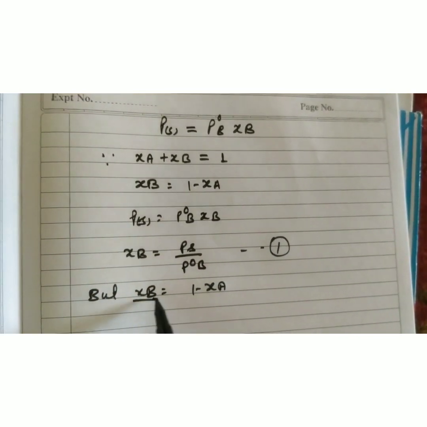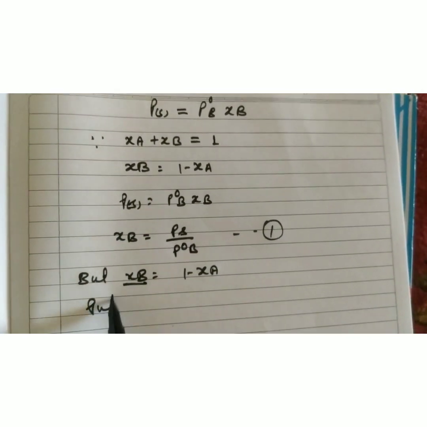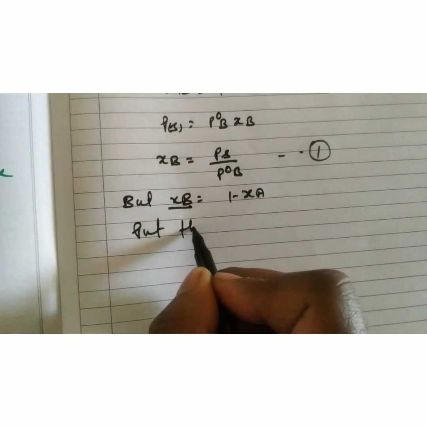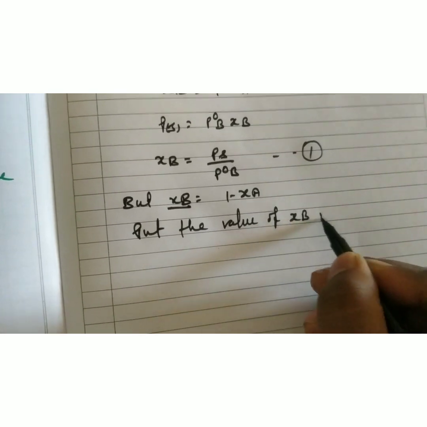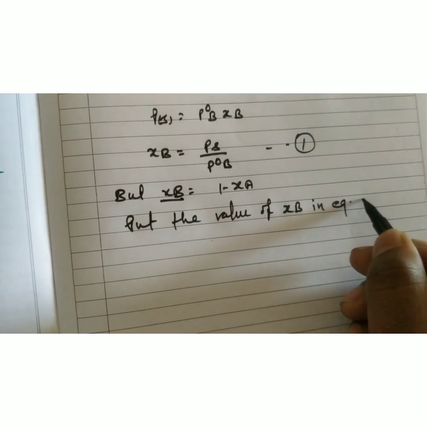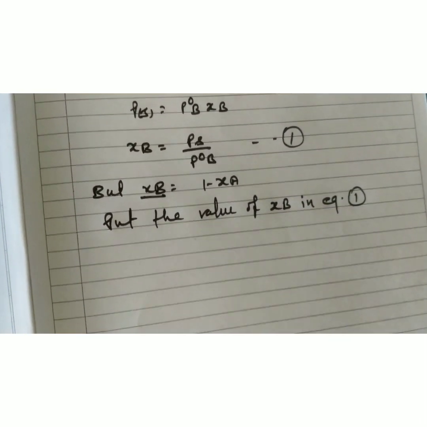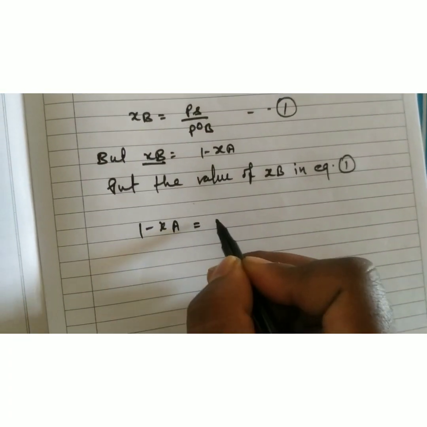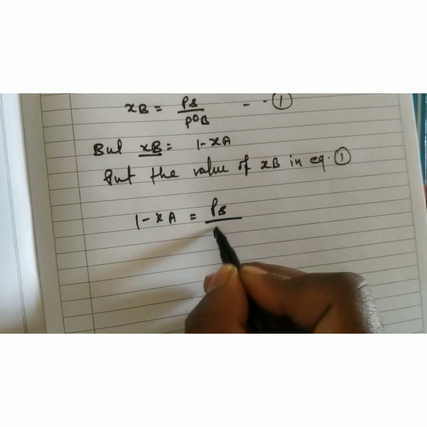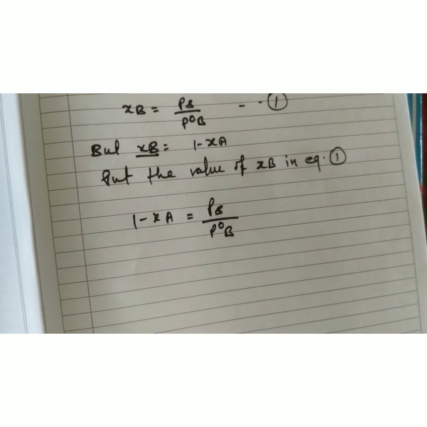Put the value of XB in equation number 1. So we get 1 minus XA equals PS divided by P naught B. Clear?